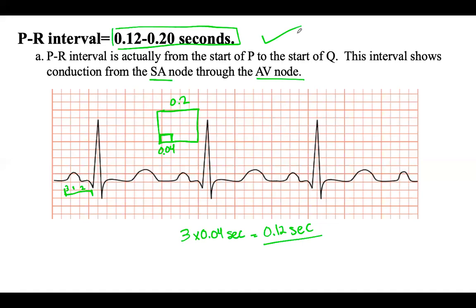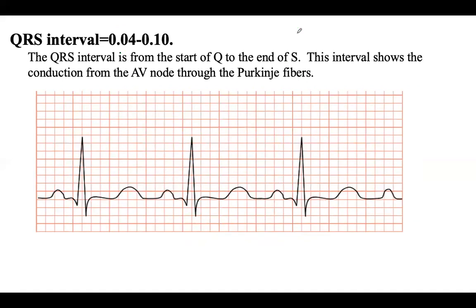If the time is less or more, that means there is a problem with the conduction of electricity from the SA node to the AV node. The last rule we're going to look at is the time it takes for the QRS complex to be formed, your QRS interval.